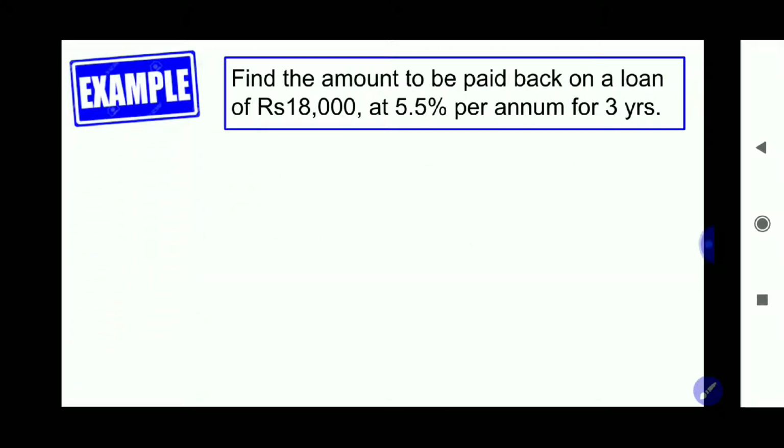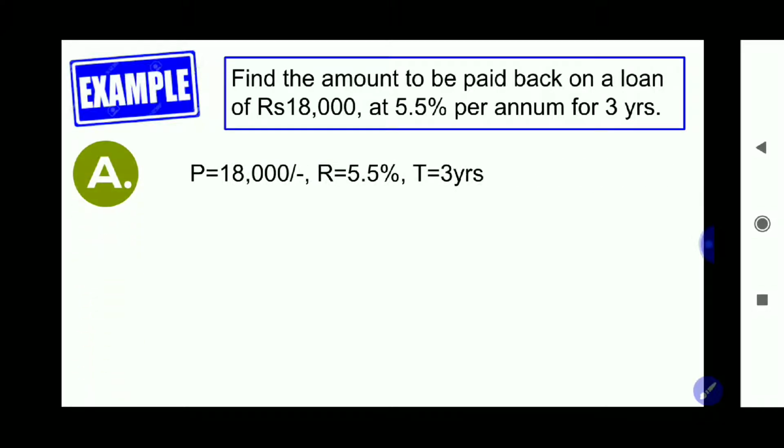Now let us solve a small question. Find the amount to be paid back on a loan of 18,000 rupees at 5.5% per annum for 3 years. In this question, principal is 18,000, rate of interest is 5.5%, time is 3 years. So the formula I = PTR/100.